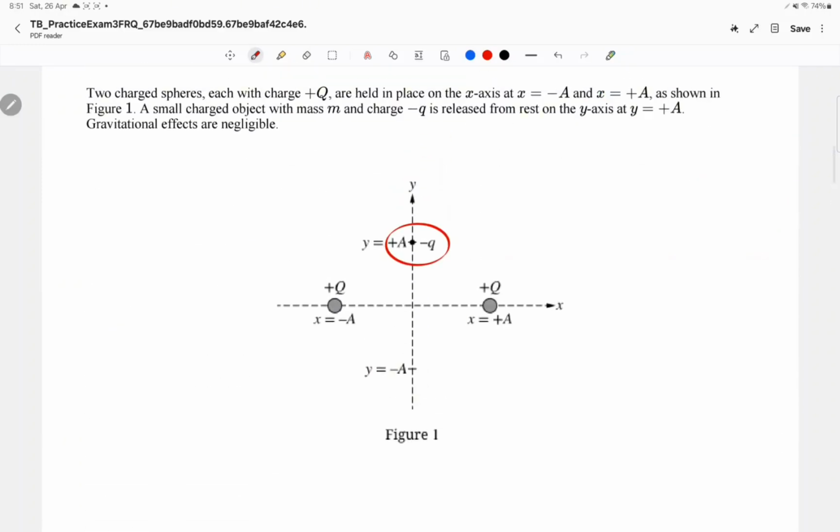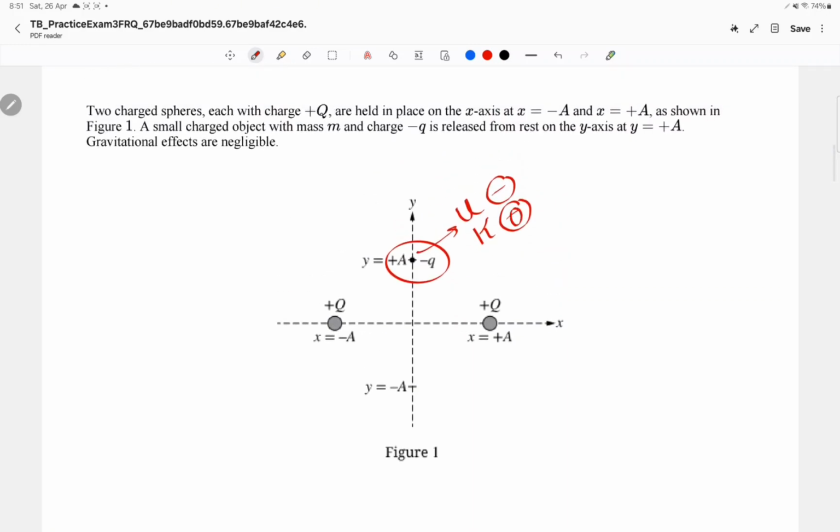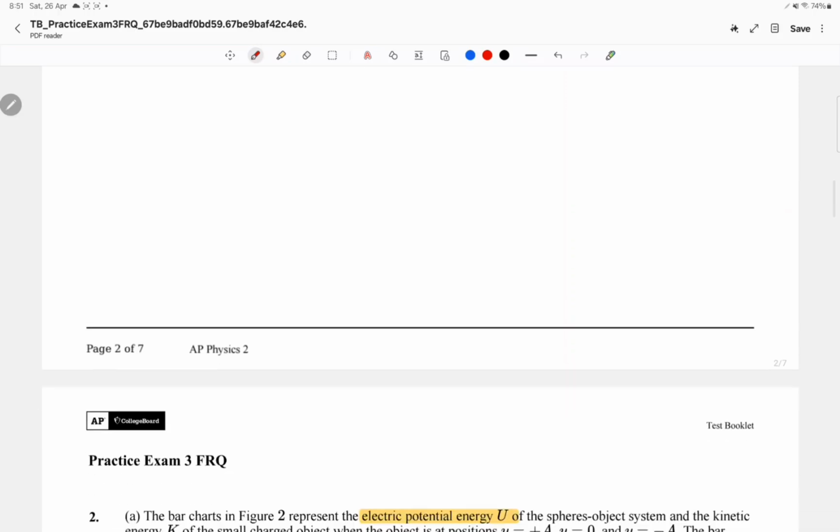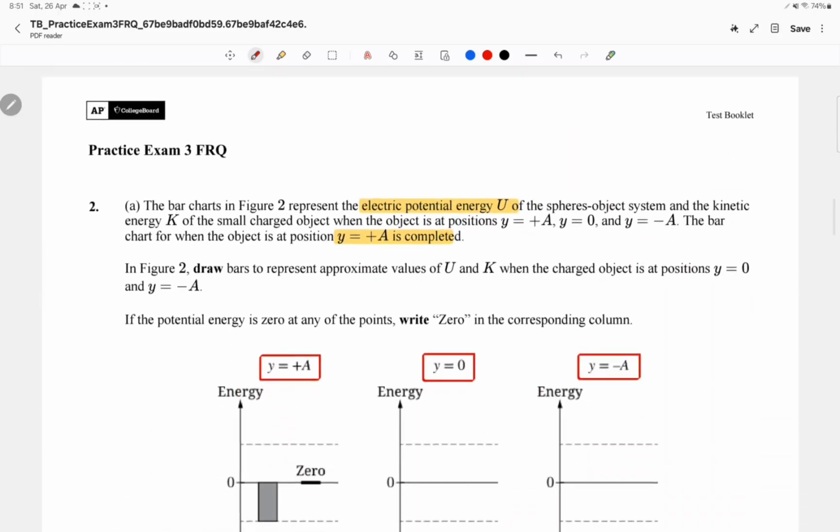The u is negative, but the k is 0. Of the sphere object system, the k of the small charged object. Right, so the u is for the entire system, and the k is only for the small charged object.